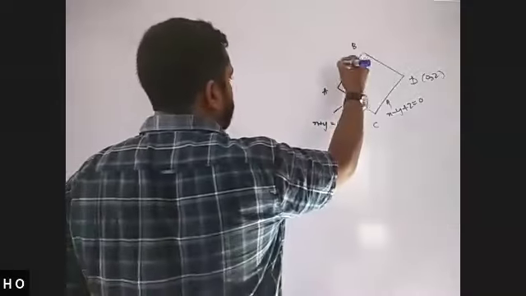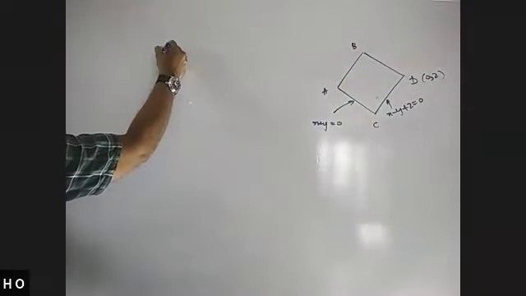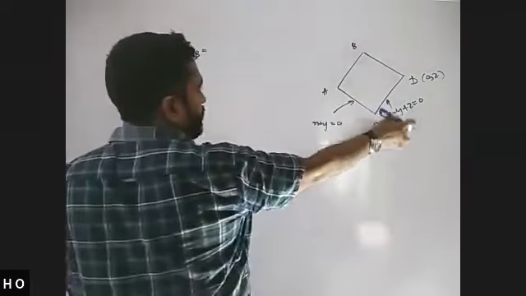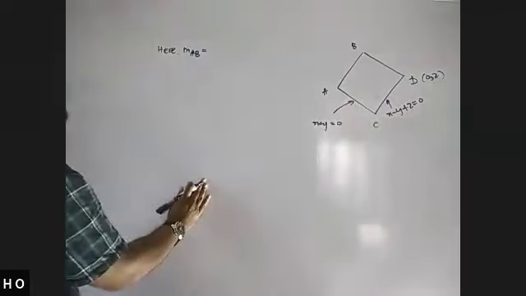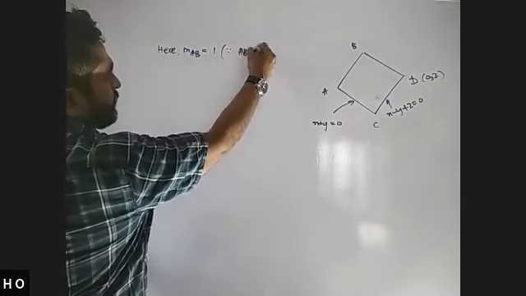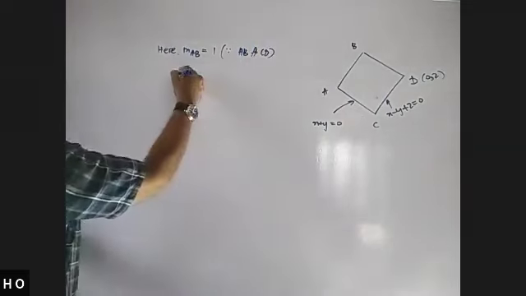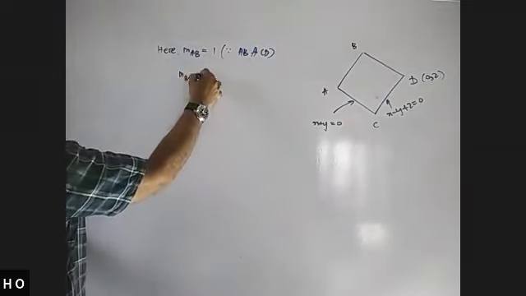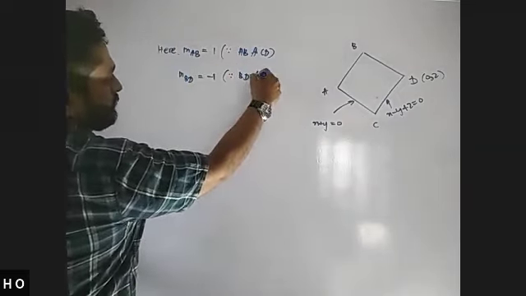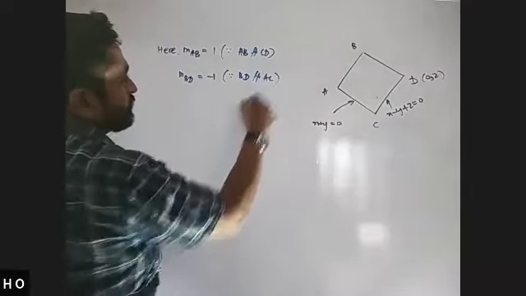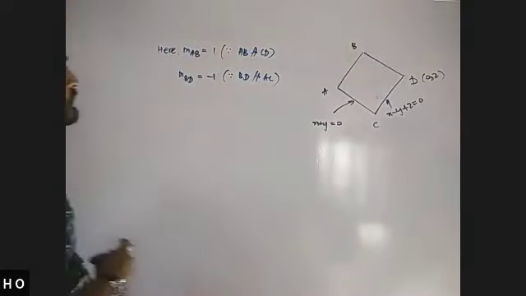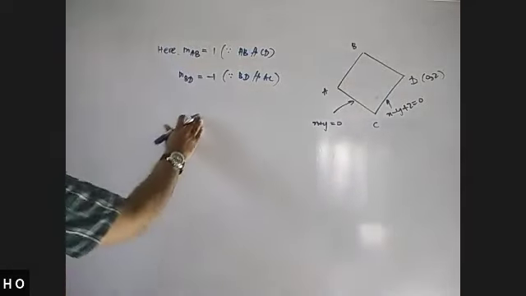Here you can say the gradient of AB is surely 1, because AB is parallel to CD. Then the gradient of BD is minus 1, because BD is parallel to AC.